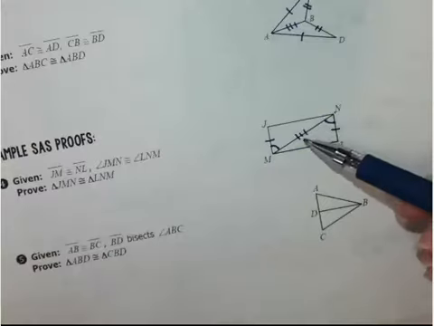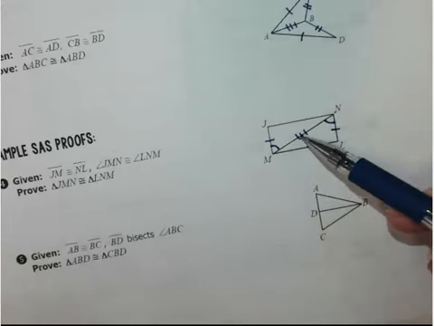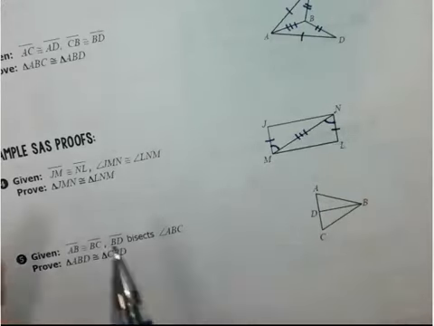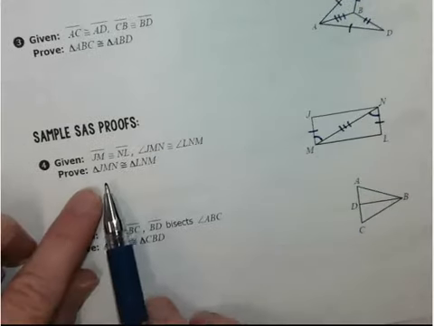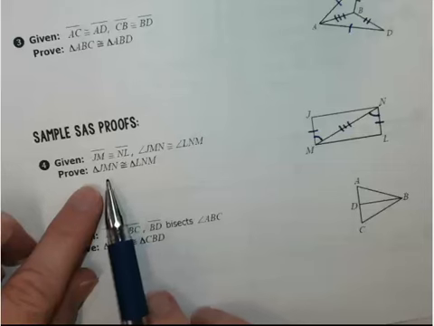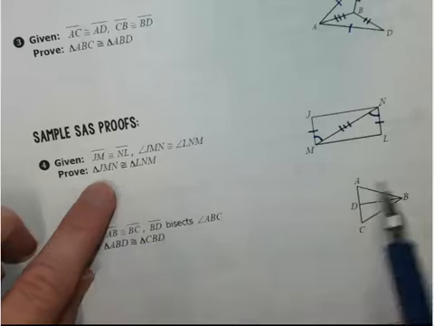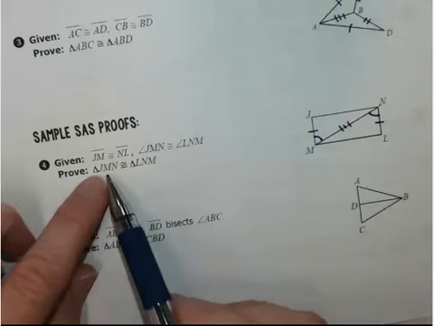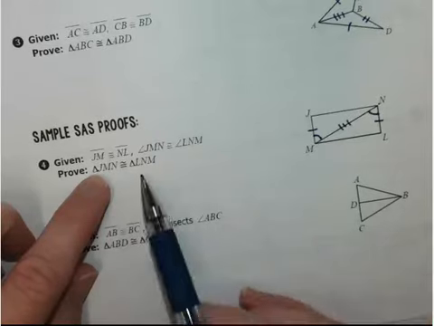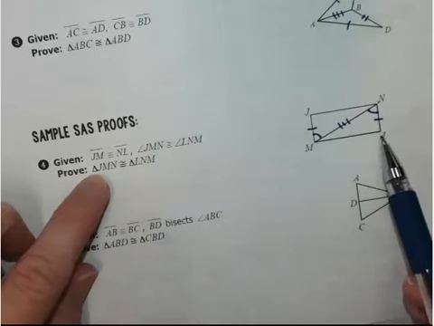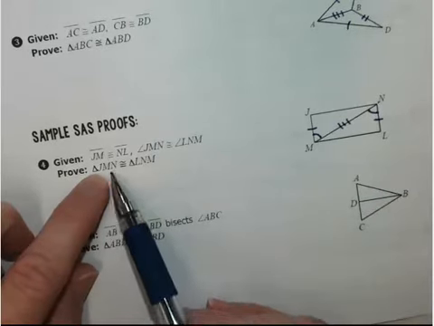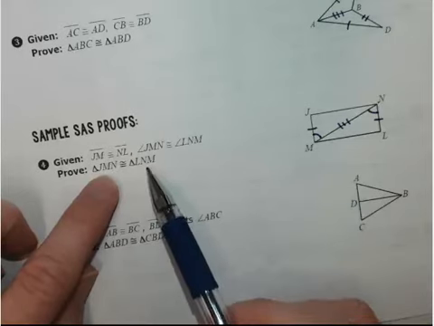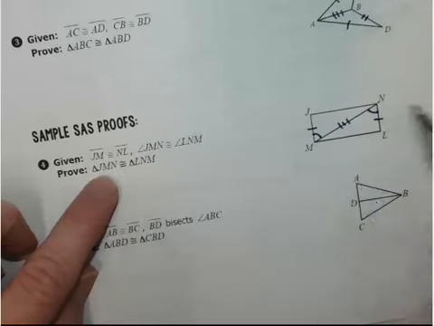This property is used a lot in proofs. Okay, and now that I know that, I have a side, angle, side, and a side, angle, side. Now I want to look at my proof and look at the order of my letters in my triangle to make sure that I have the right things congruent to each other. So here JM should be congruent to LN. It looks like I'm good there. And then MN should be congruent to NM, and that works too, right?